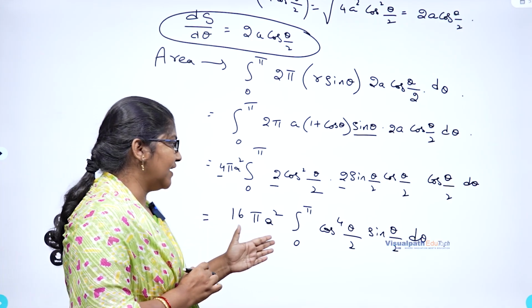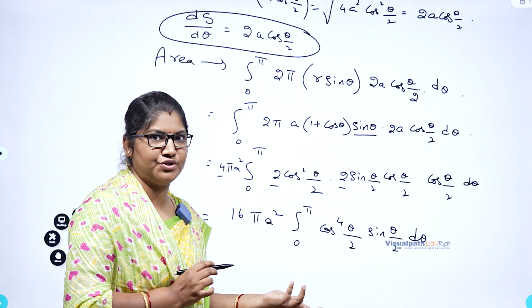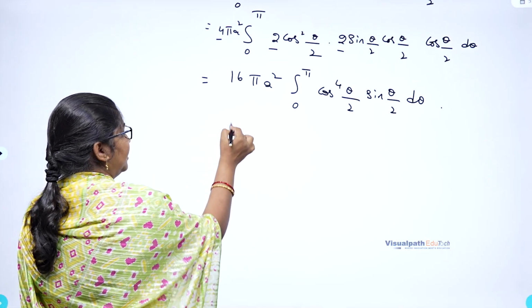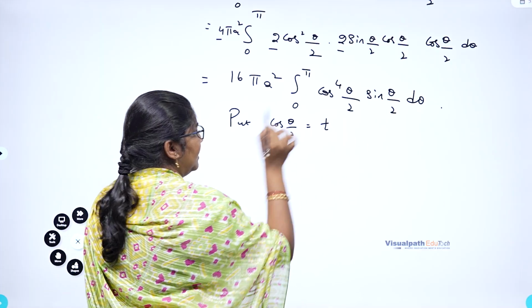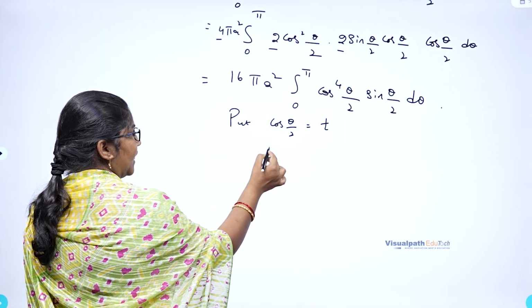Now what we have to do? We can't do the integration directly; by the substitution method we have to do it. See here, put cos theta by 2 is equal to t.